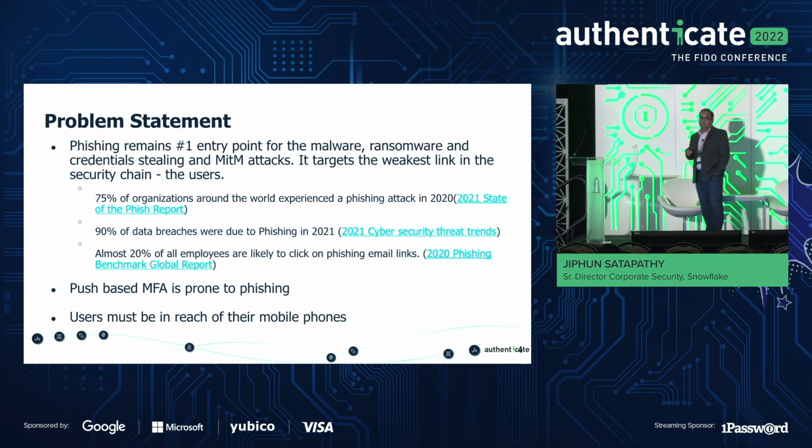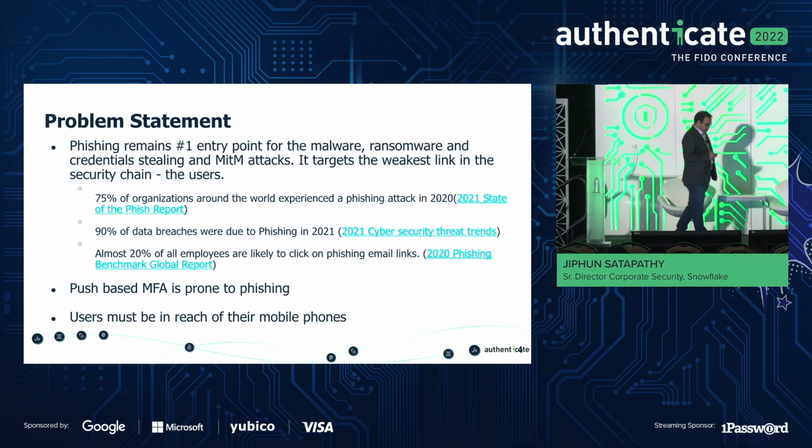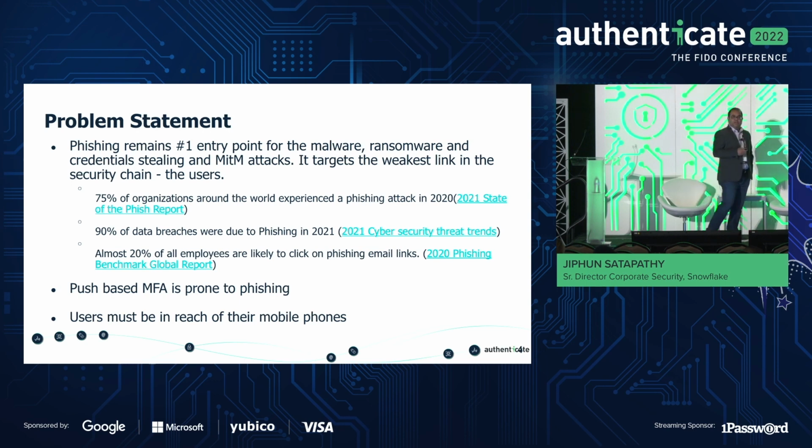And even if we have implemented MFA using push-based notification, it is still prone to man-in-the-middle and phishing attacks. So how do we address that? Not just the security problems. One of the problems we wanted to address in our ecosystem is that we continue to use a secondary device, which is your phone.